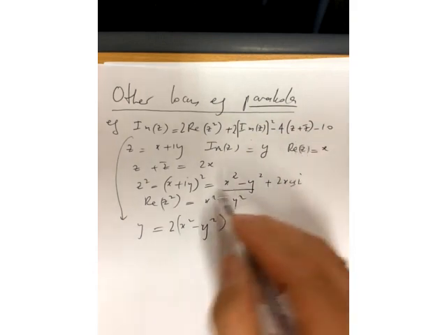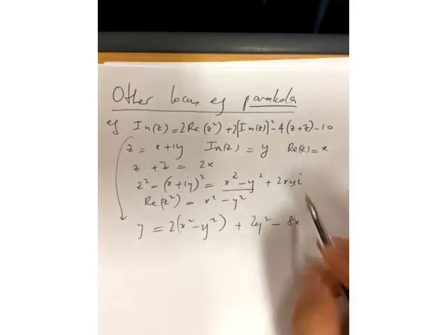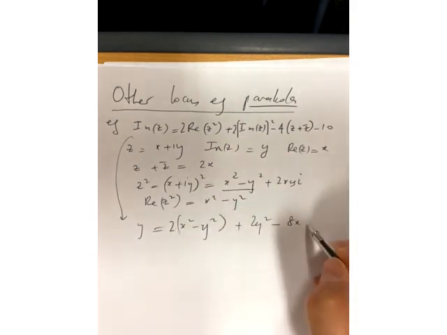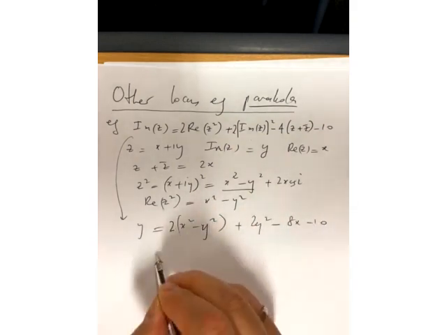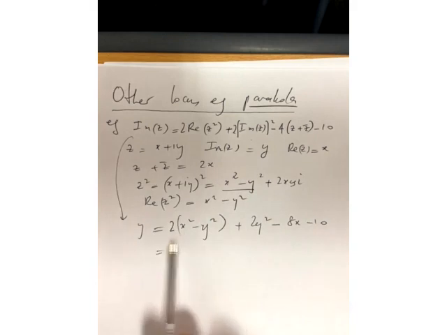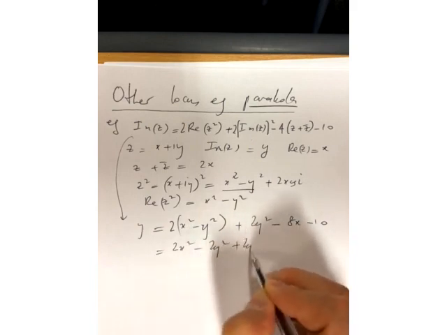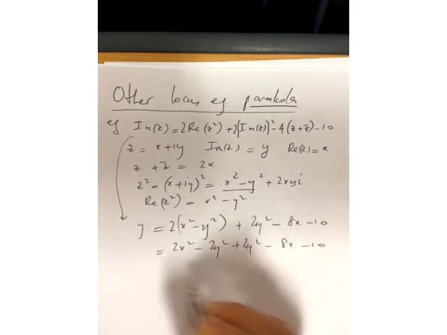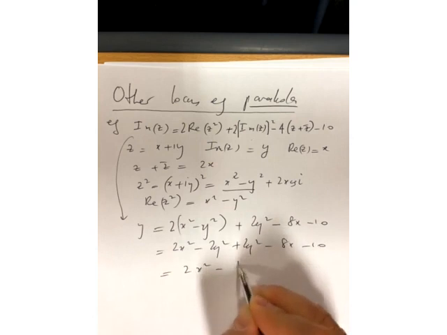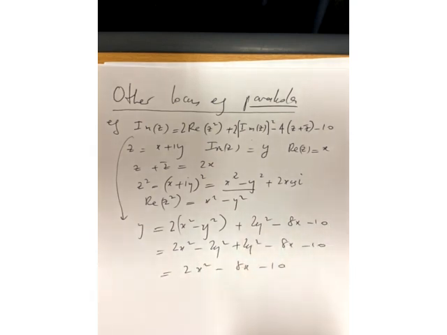Minus, well, that's just 8x because that is just 2x. And then minus 10 just goes at the end. So it looks very scary, but it turns out to be a very nice thing. So 2x squared minus 2y squared plus 2y squared minus 8x minus 10, which ends up being 2x squared minus 8x minus 10. That's all there is to it.